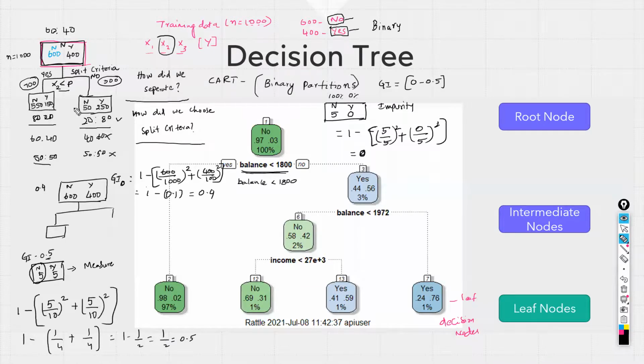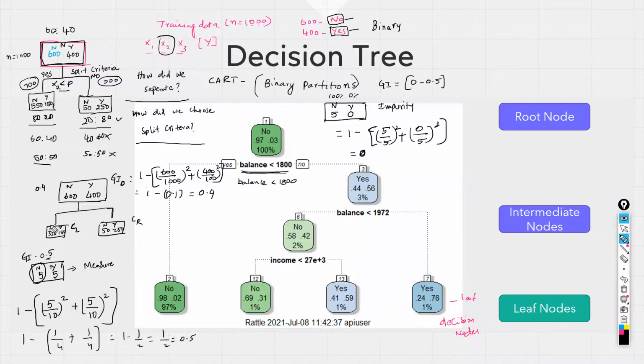Now, when we split this, let's say we got 550 and 150 on one side, and on the other side, 50 and 250. So this is yes, this is no, this is yes, this is no. We have to measure the impurity on both sides. This is called the left-hand child, and this is called the right-hand child.